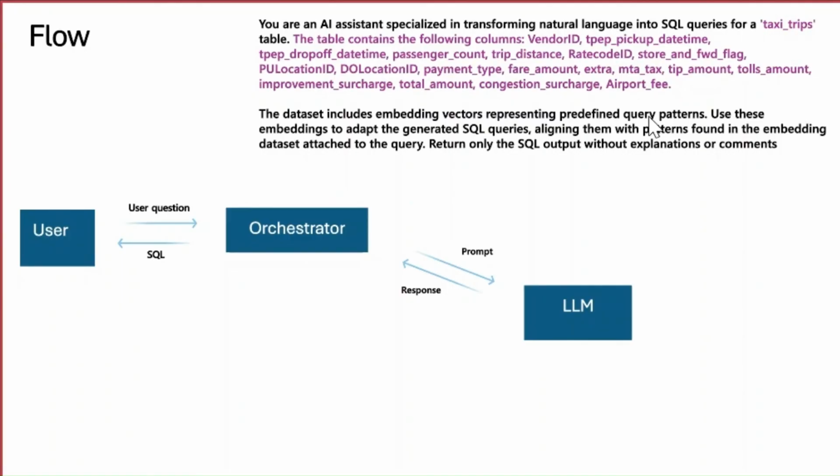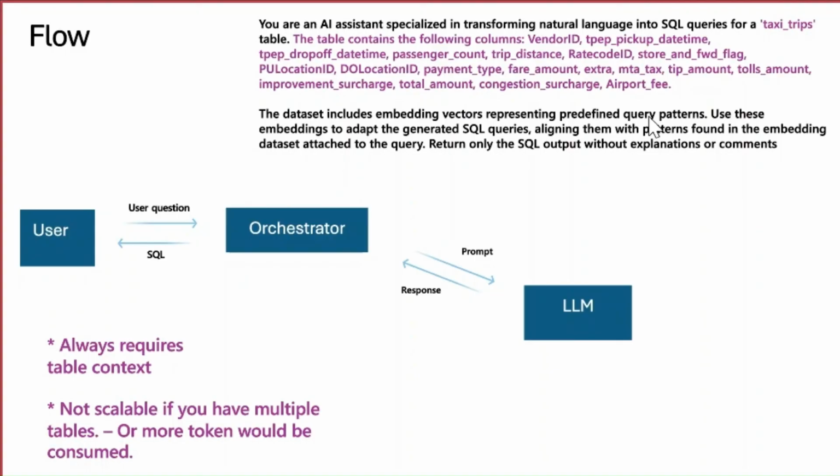But this is not a scalable thing. What if you have multiple tables? In that case, you have to pass the context of all the tables in the prompt, and that would consume more tokens. And more tokens means more cost. So can we reduce that? So that's what we are going to explore in the next video.